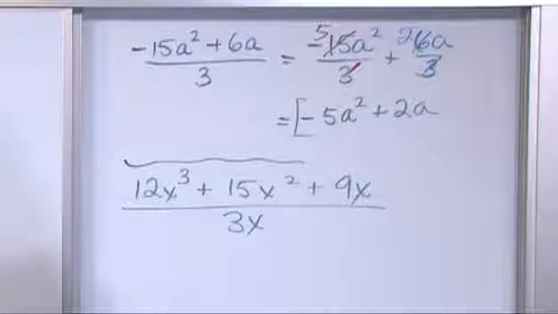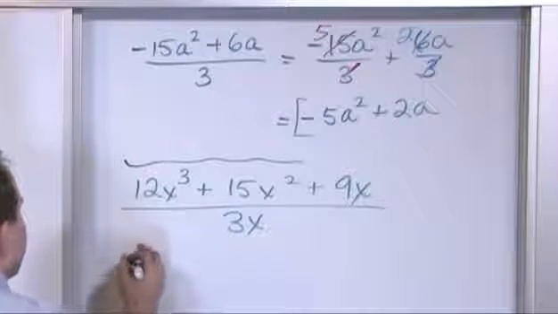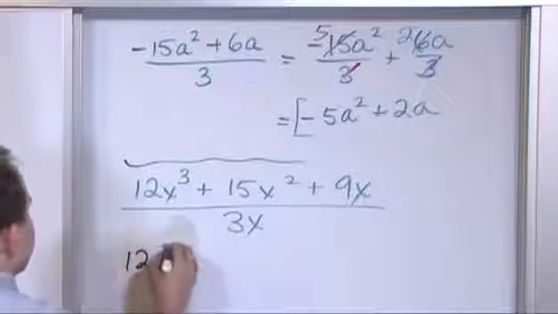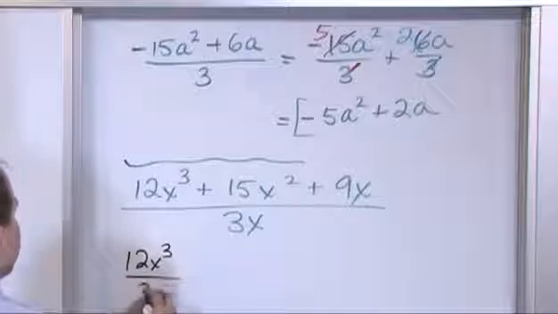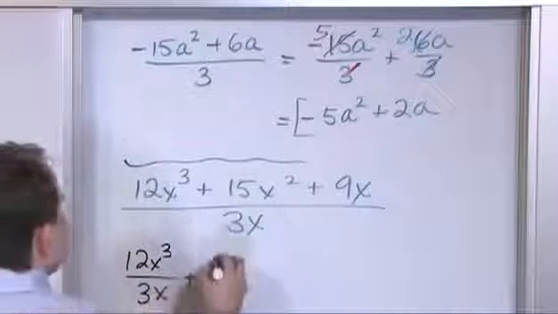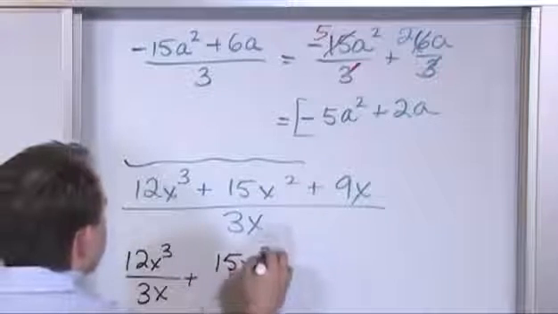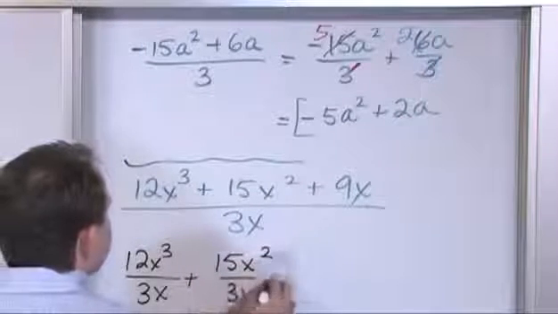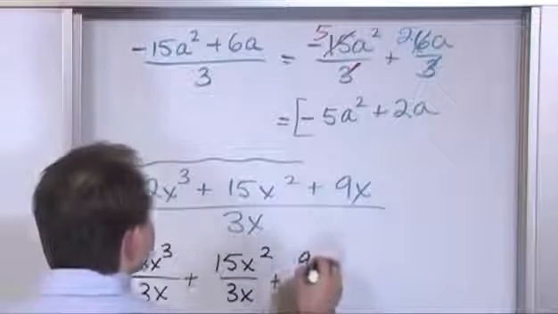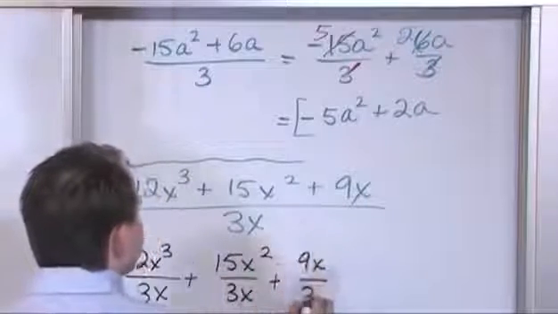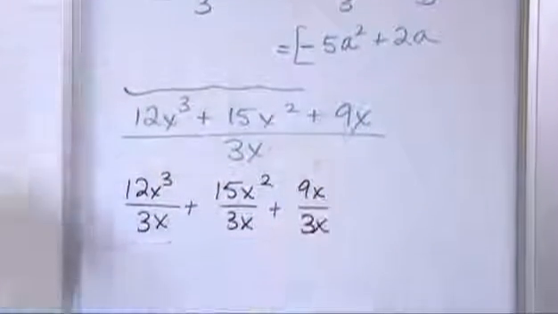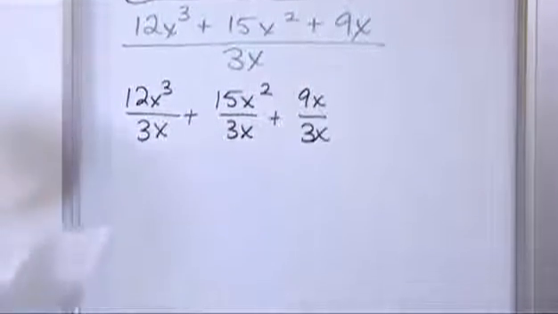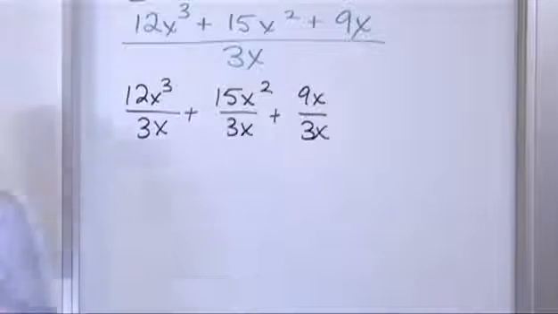I can still split this up exactly how I would expect. So I have 12x cubed over 3x plus 15x squared over 3x plus 9x over 3x. So you split it up in exactly the same pattern, and then you focus on each term individually.